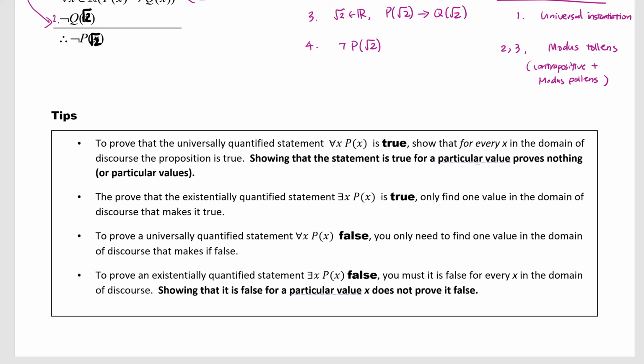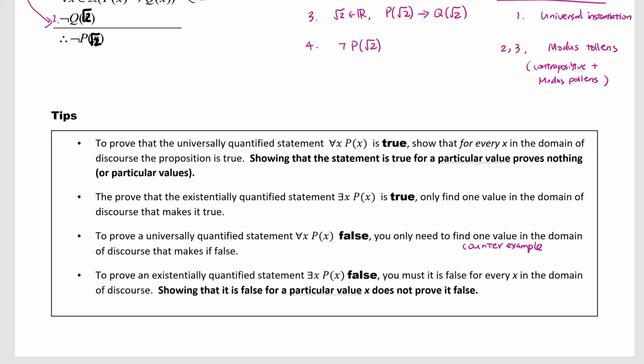Next, to prove a universally quantified statement is false, you only need to find one value to show it is false, a counterexample. To show it does not work for all, you show that it does not work for some.